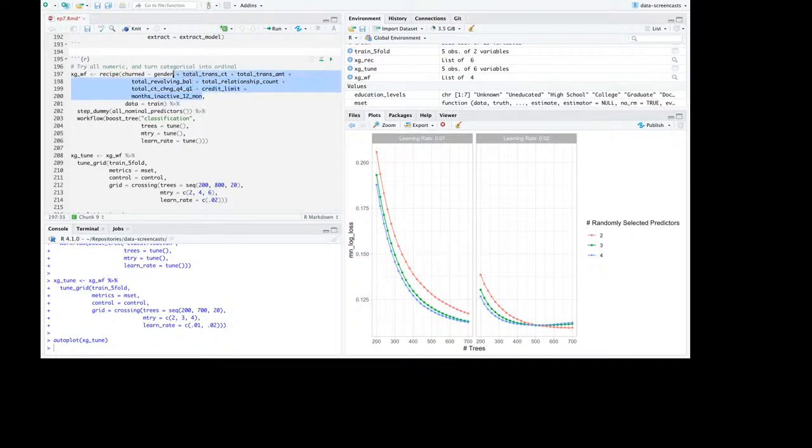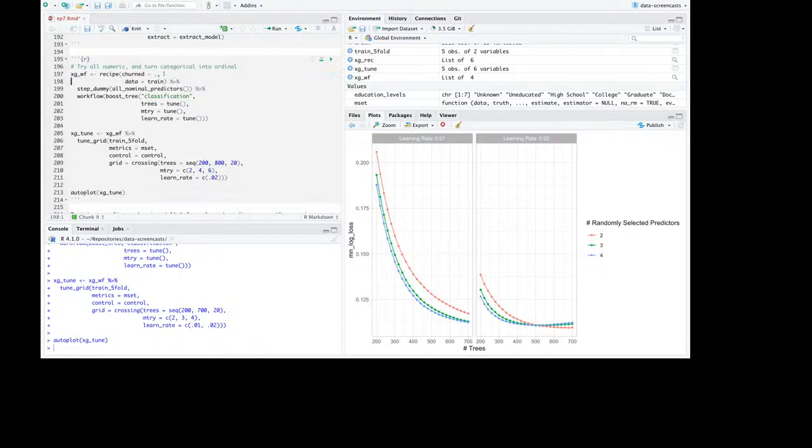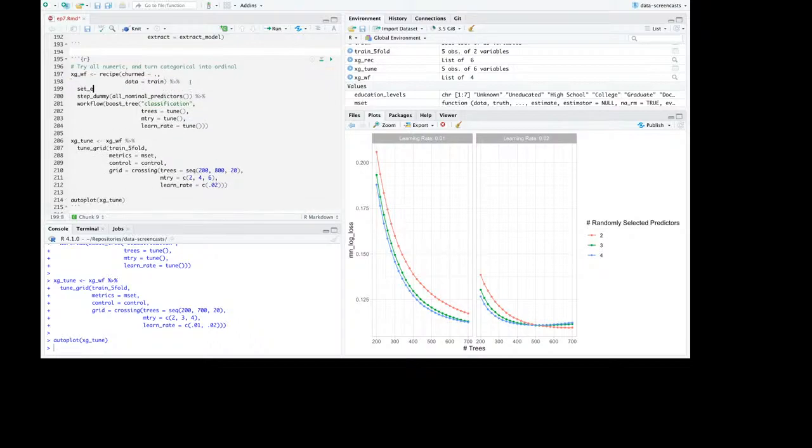I'm going to say by dot set ID new role equals ID.